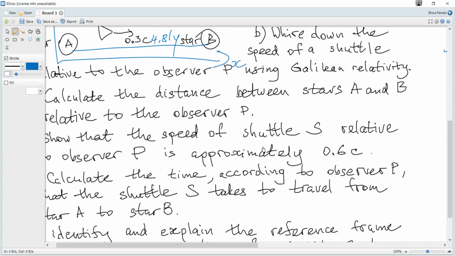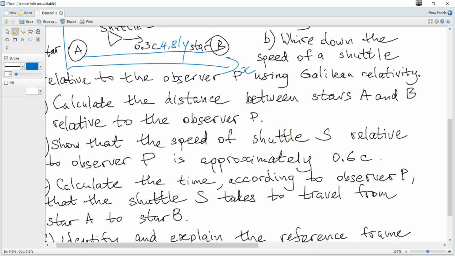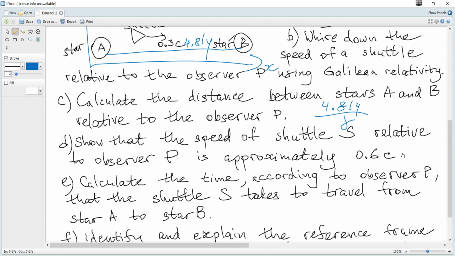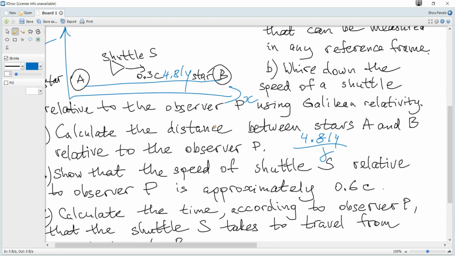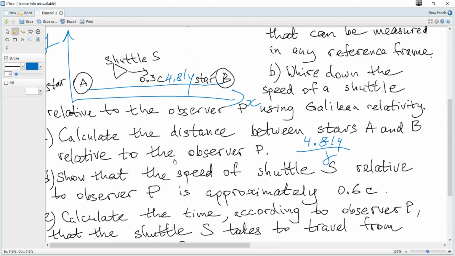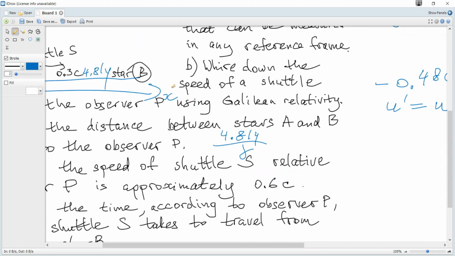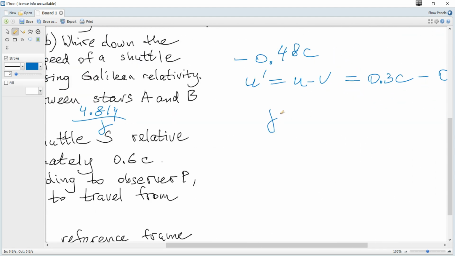The observer P will also measure the contracted length, and it can be calculated as 4.8 light years divided by gamma, where the gamma factor for the speed of 0.78 c is equal to what?